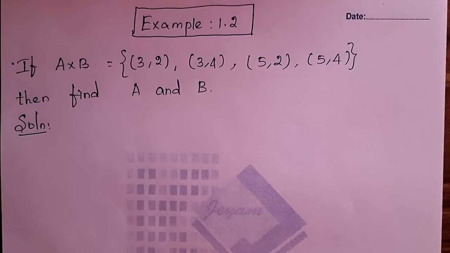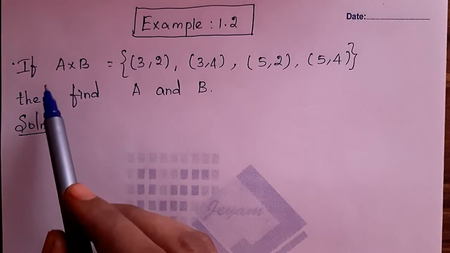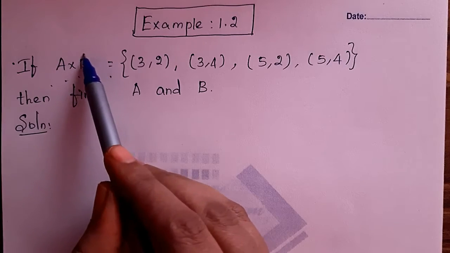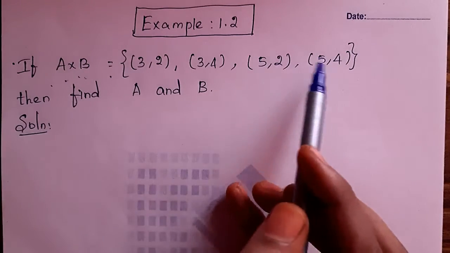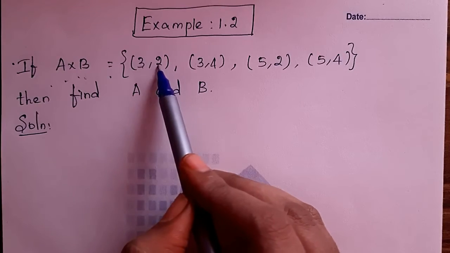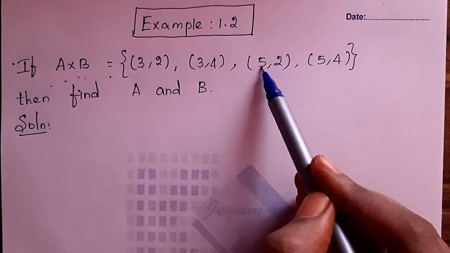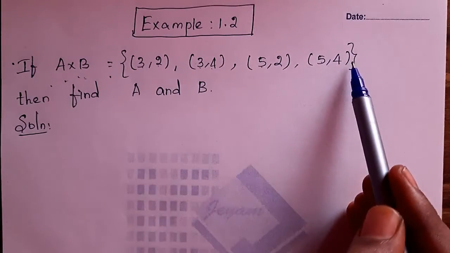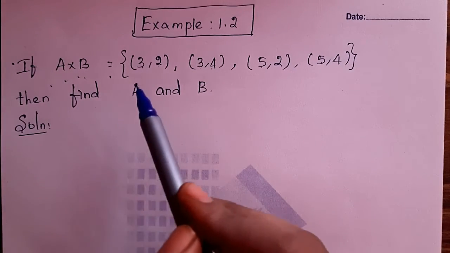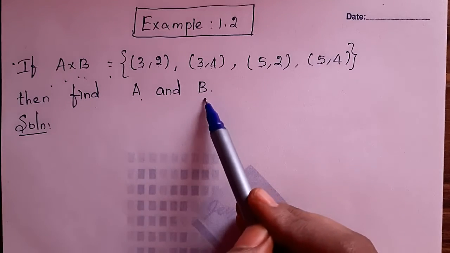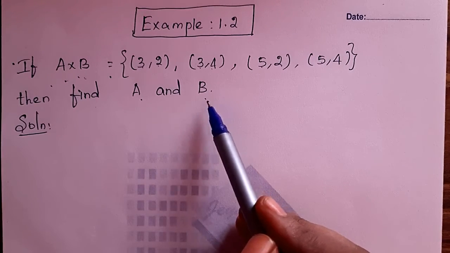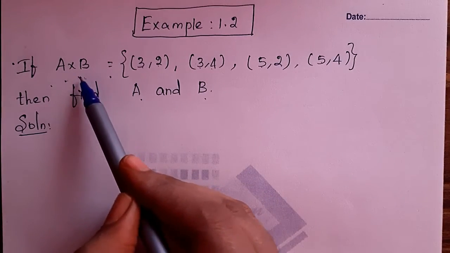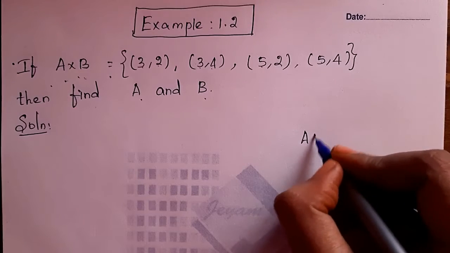Next example, example 1.2. If A cross B is equal to, so it is a Cartesian product, so this set will be ordered pairs, the set of all (2, 3), (3, 4), (5, 2), (5, 4). So the Cartesian product is given. We have to find the sets A and B. What is A cross B?